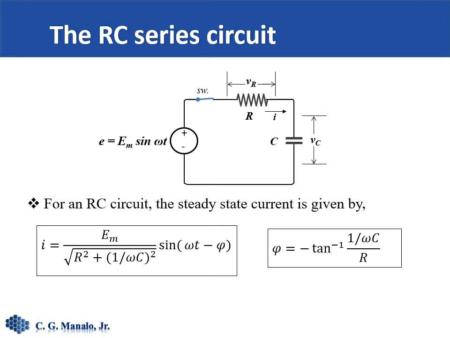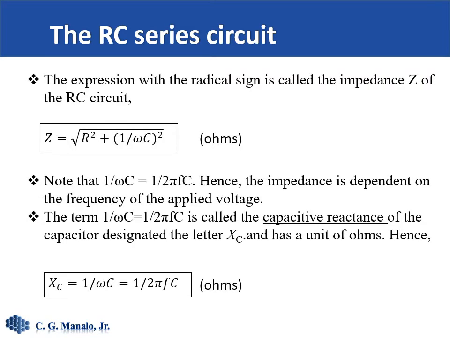So the result is that this is the steady-state response, where phi here is given by this expression. Again, the expression with the radical sign, we call it the impedance of the series RC circuit.